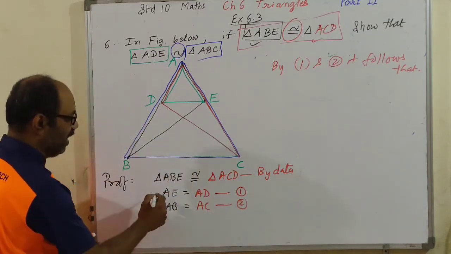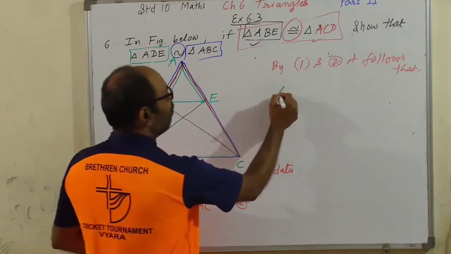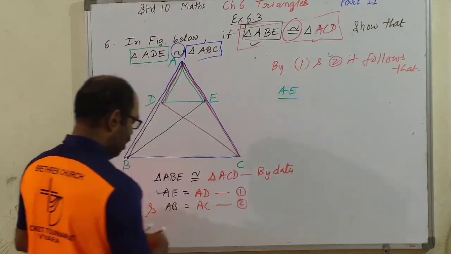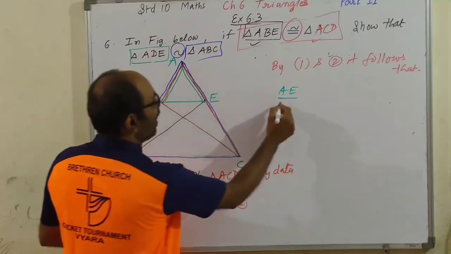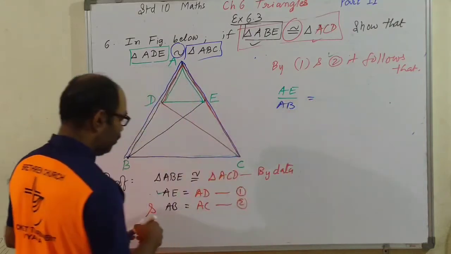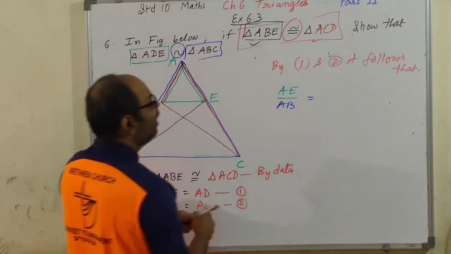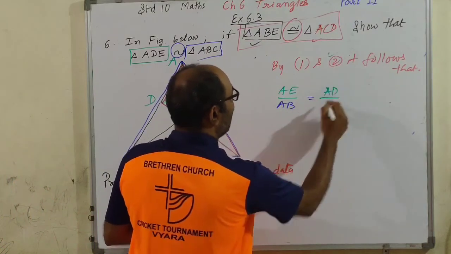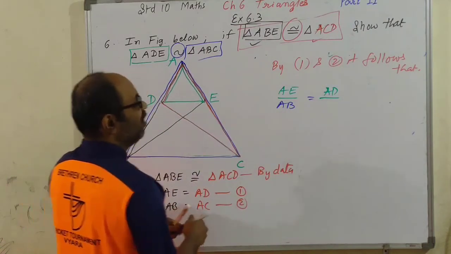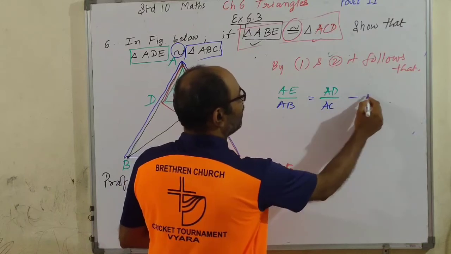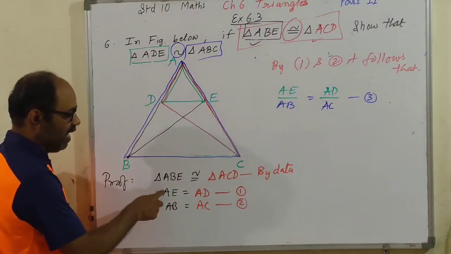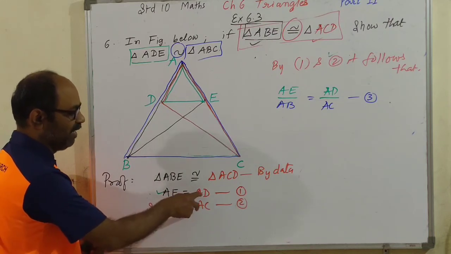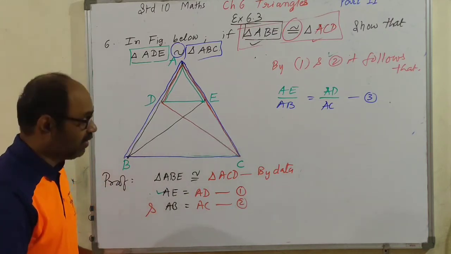But on the left hand side, AE belongs to the green triangle, upon AB belonging to the blue triangle, is equal to AD of the green triangle, upon AC of the blue triangle. Result 3. Correct? Simple. The ratio of left hand side AE upon AB is equal to the ratio of right hand side AD upon AC.